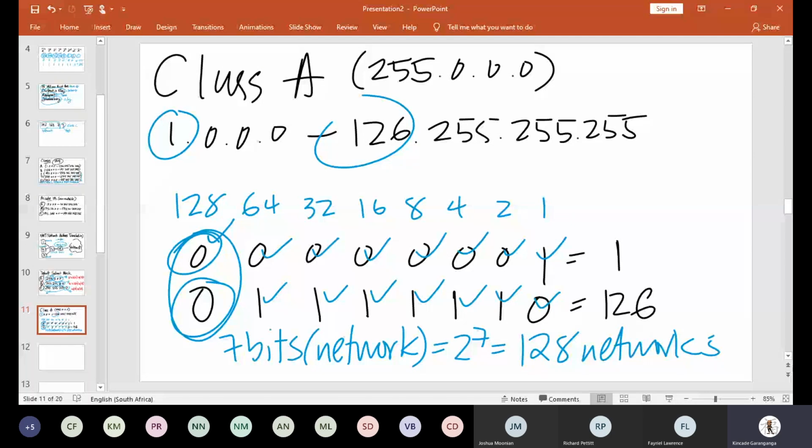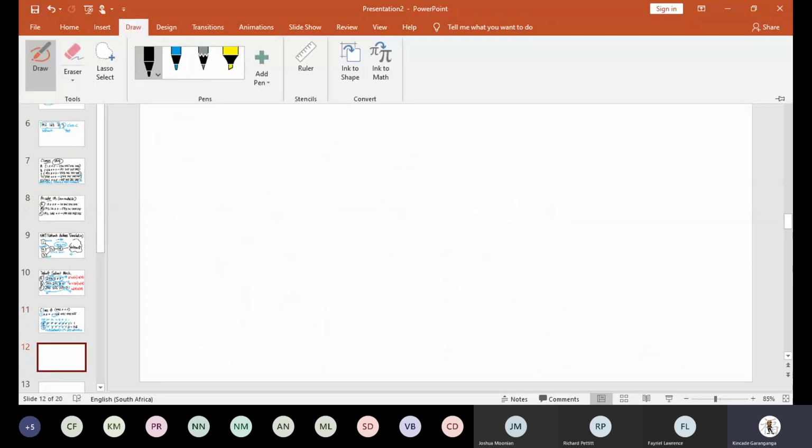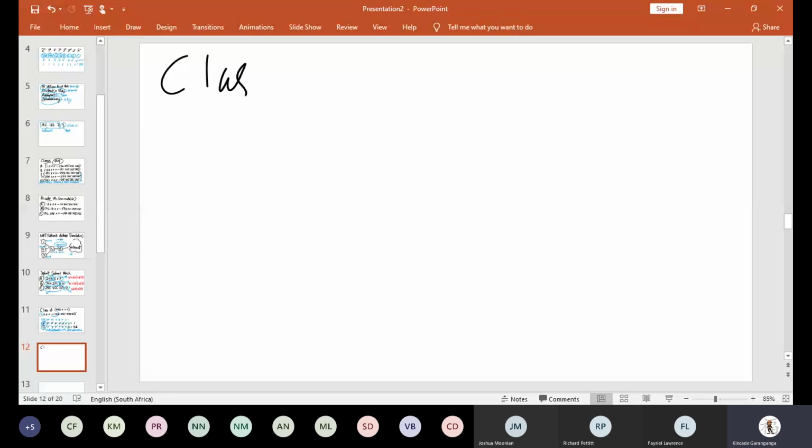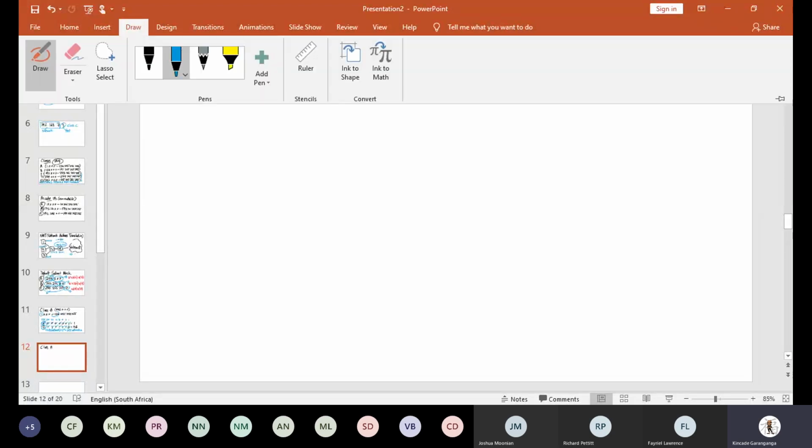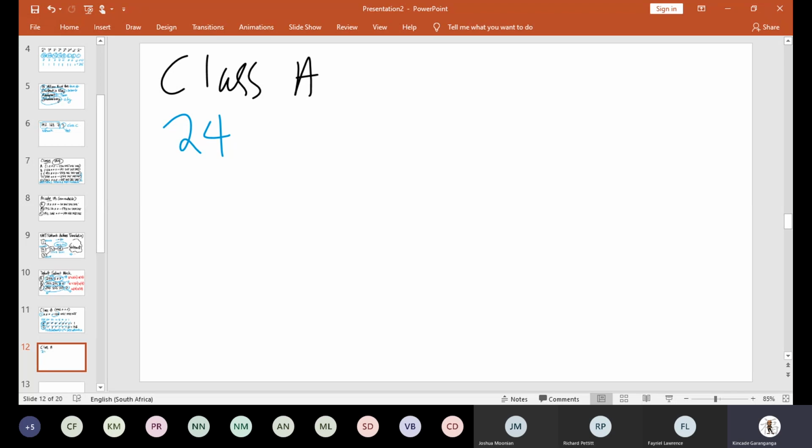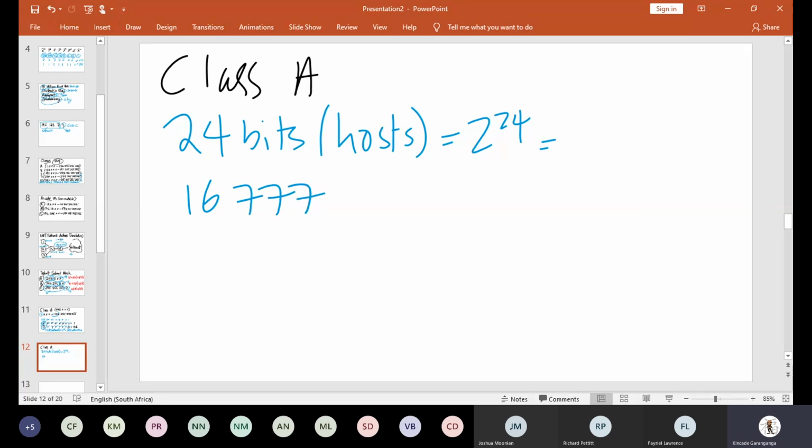So if we subtract those 8 bits from 32, we are left with how many bits? We're left with 24. So as far as Class A is concerned, we're left with 24 bits for our host, which then obviously equates to 2 to the power 24, which ultimately gives us 16,777,216.